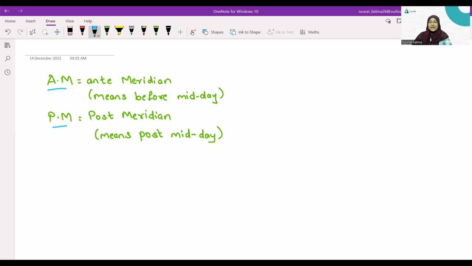And PM stands for post-meridian, means post-midday. Right? So now, if it is noon, in the afternoon, we write it as 12 PM. And if it is midnight, we write it as 12 AM.